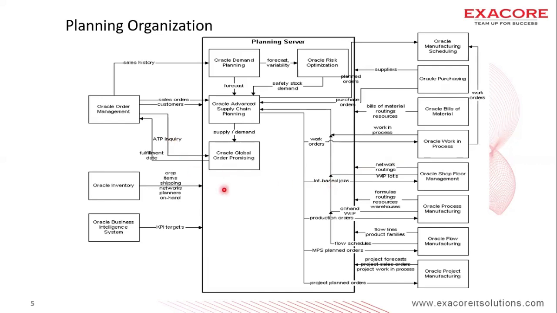So here, in this particular example, we can see that Oracle inventory is the source from where the advanced supply chain collects data related to items, on-hand quantities, shipping networks, and other organization structure. All these data will be collected and collated where we will be getting our demand plan, and it will result in a global order promising.